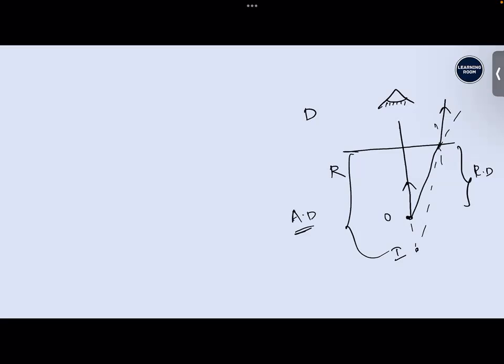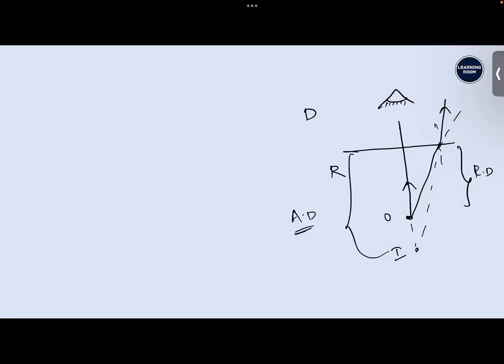One point I want to make clear. Whenever they speak about the concept of real depth and apparent depth, the object is always kept in the denser medium only. That is how your NCERT concept says. But I am interested to know what the relation will be if this scenario is reversed.